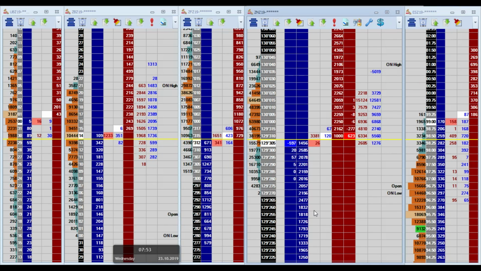So we're getting that push up into the highs in the ES, making new highs. I want to see what happens here. Thus far, we only have 31 contracts down into 30 half.